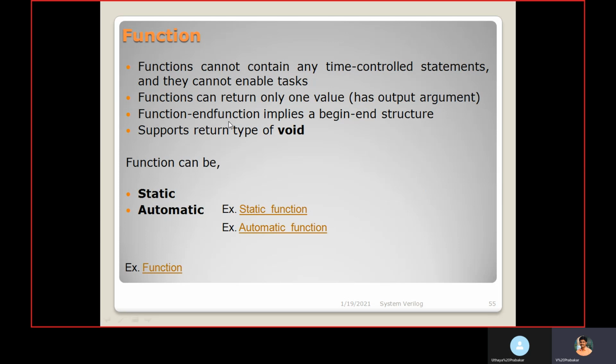Function and endfunction imply a begin and end structure, so there is no need to explicitly mention begin and end. It supports a return type of void. Void is a keyword used along with the function name. If you mention void, it indicates there is no return type; the function will not return anything. It will just perform an operation or display the values.